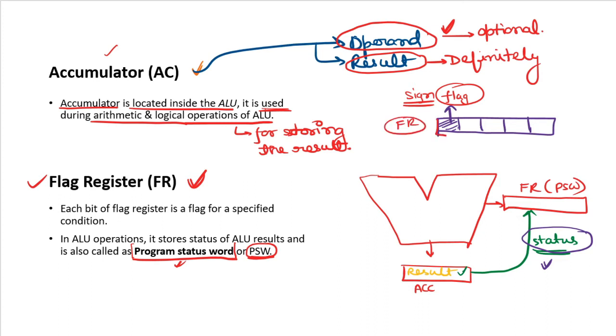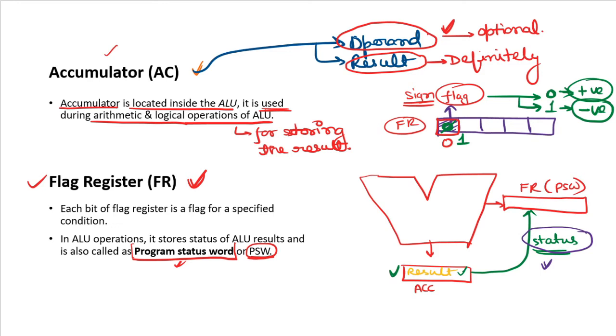The binary cell with index 0 is the sign flag. What does it mean? It means that whenever the value inside the sign flag is 0, it is stating that the accumulator register, or the result, is a positive value. And whenever the sign flag is 1, it is stating that the result is a negative value.